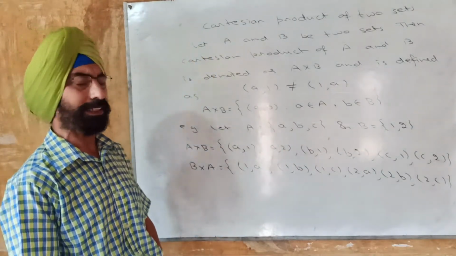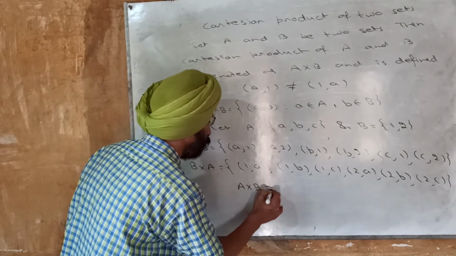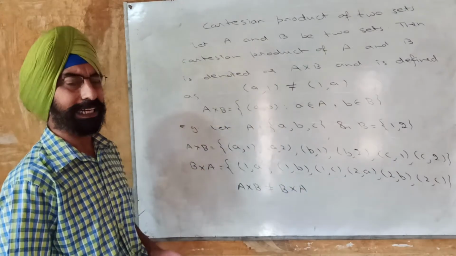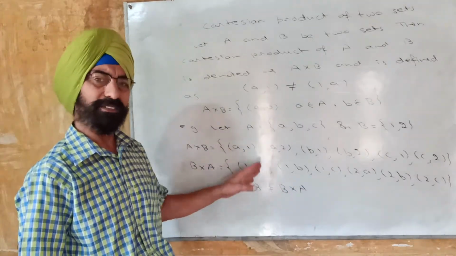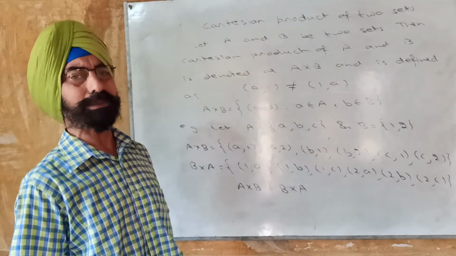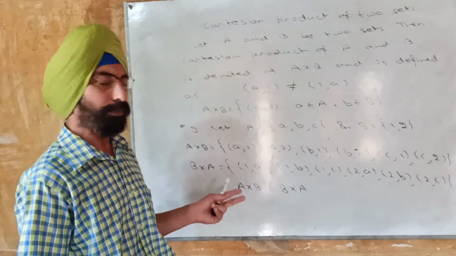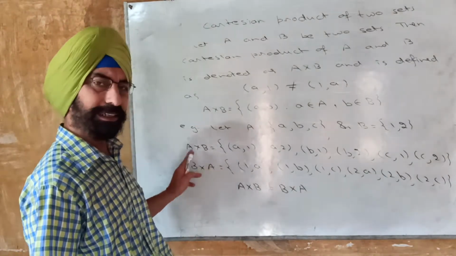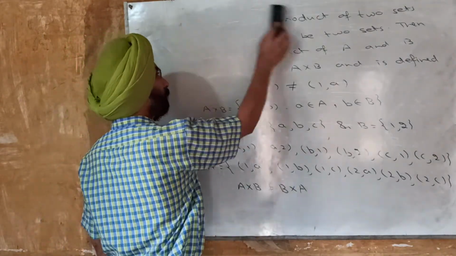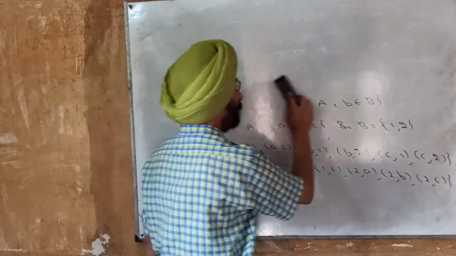They are different elements. That means A cross B need not be equal to B cross A, because their elements may be different. One thing is there, if A and B are the same sets, then A cross B and B cross A will become the same, because you will have A cross A here, and here also you will have A cross A.